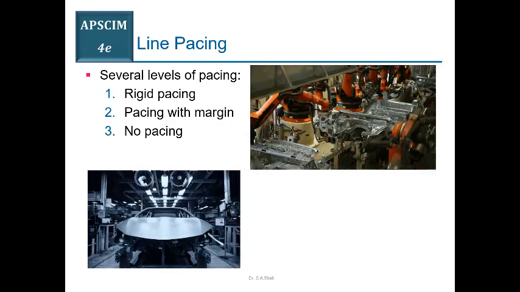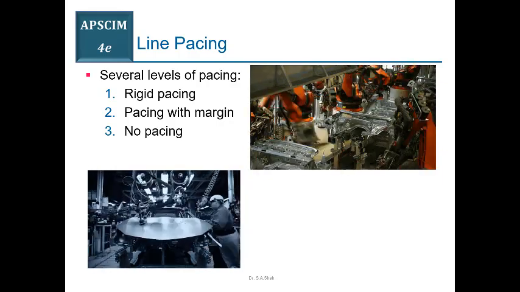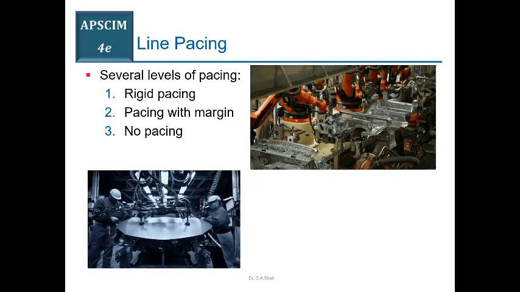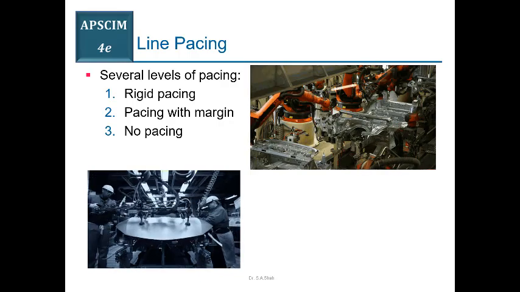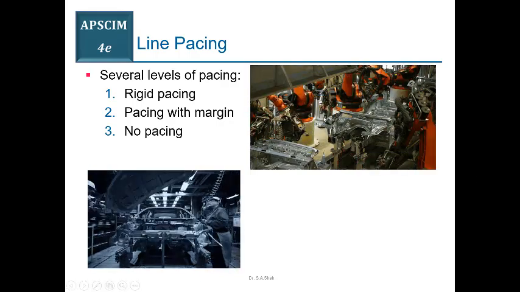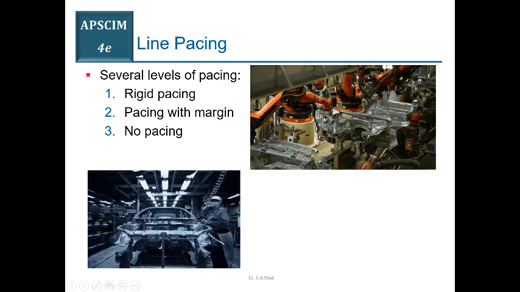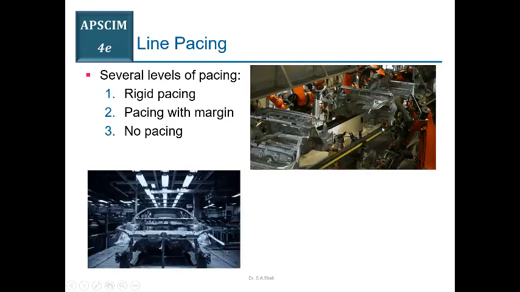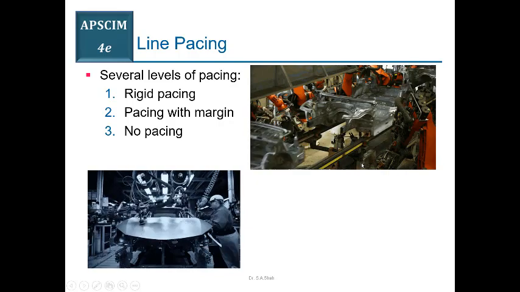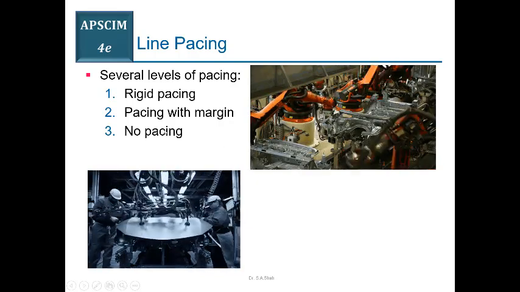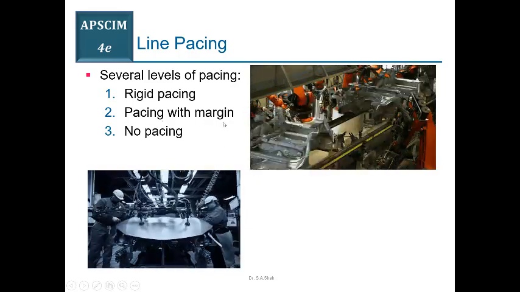Suppose it is 1 minute, so it will stay in that particular workstation for 1 minute. In that 1 minute, the worker must complete his task. And then it will move on automatically, because the base component will be residing on the conveyor system, on the transportation scheme. Another discipline is pacing with margin.